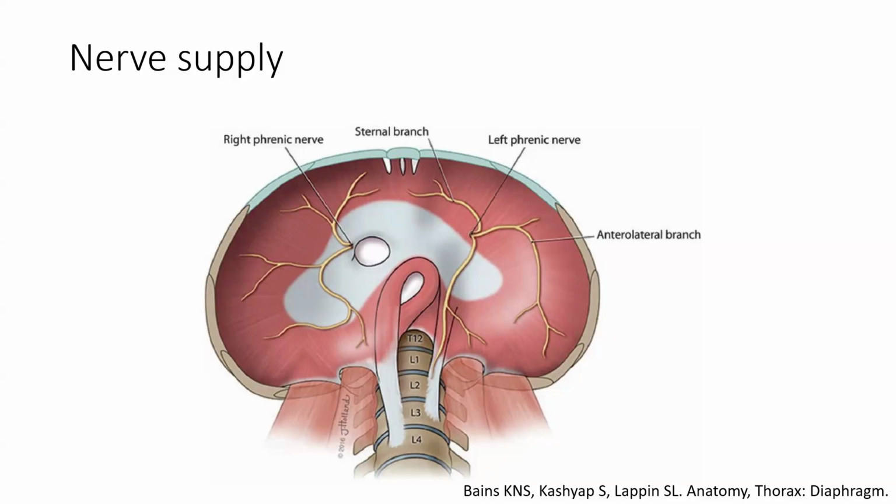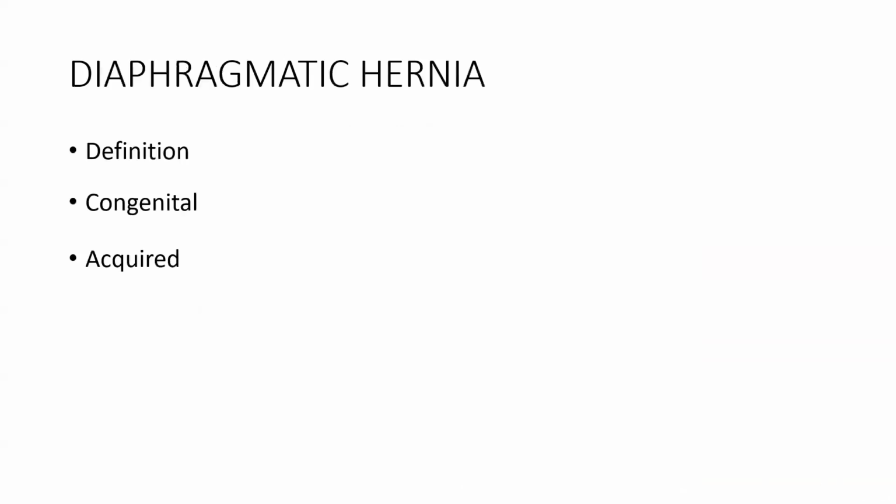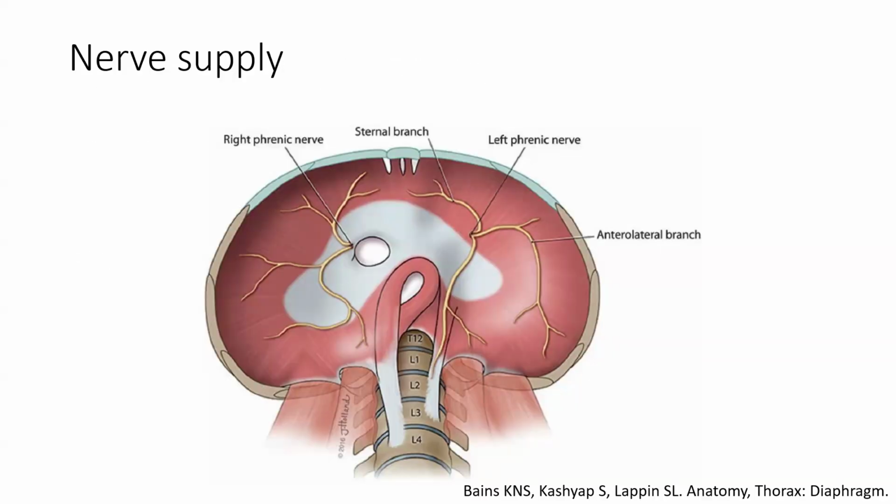As Dr. Rajshekar said, the nerve is very important because if the nerve is damaged, one part of the patient's diaphragm will be non-functional, so breathing becomes a problem. Just to give you an example, there was a patient in Leeds who came with almost rupturing of the thoracic aorta, and the patient underwent surgery.